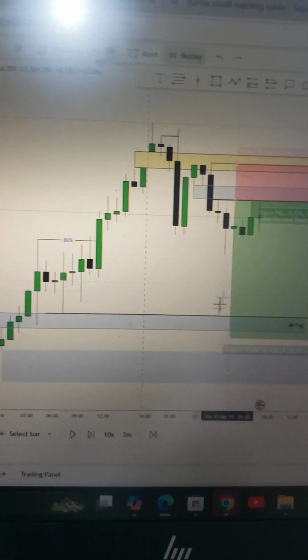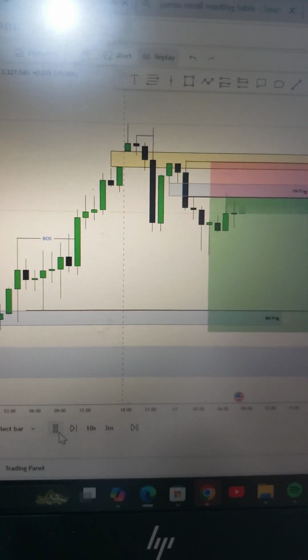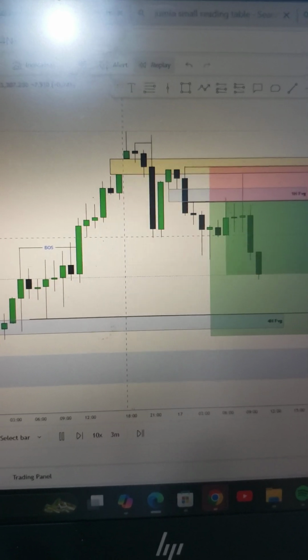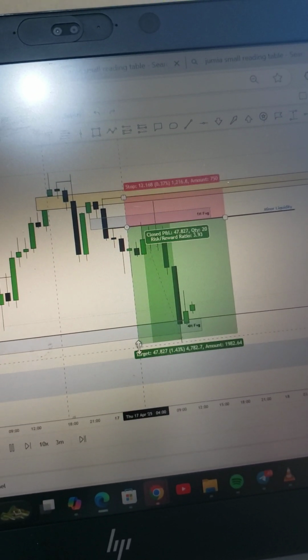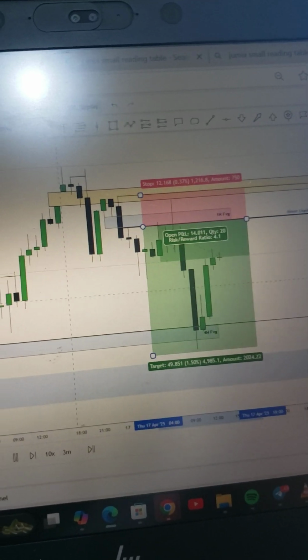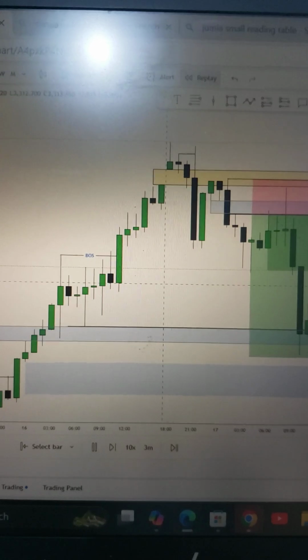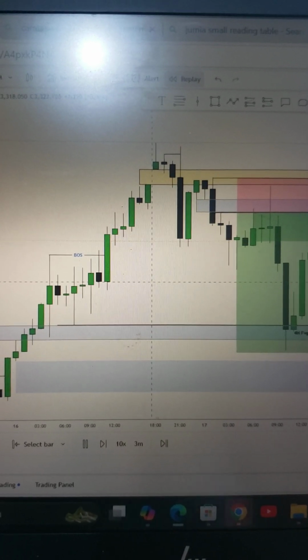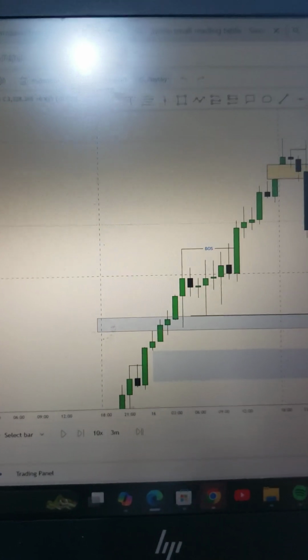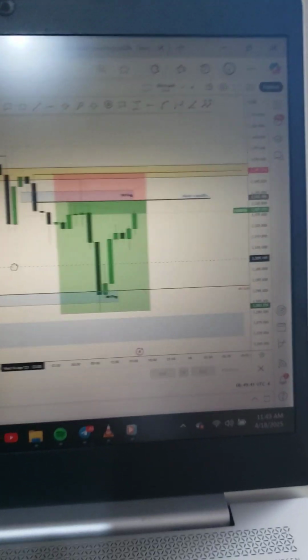I think this was my first experience whereby I saw price sweep it and come close to my entry level before going down. I was literally scared. Price was a few pips away from hitting my TP, and it didn't hit and I didn't close. But the whole trade setup was actually valid, and this is just me sharing my experience.